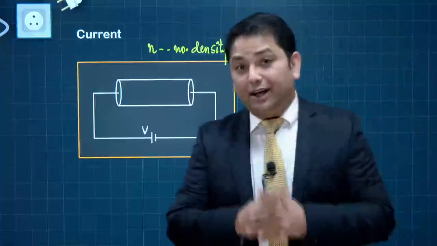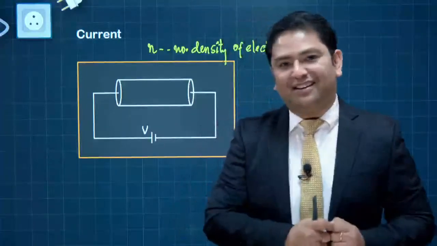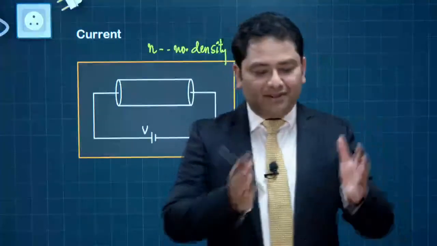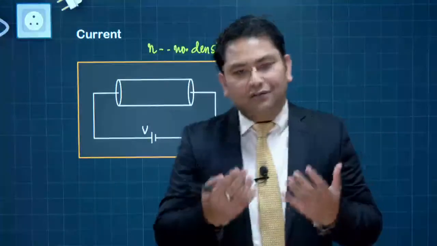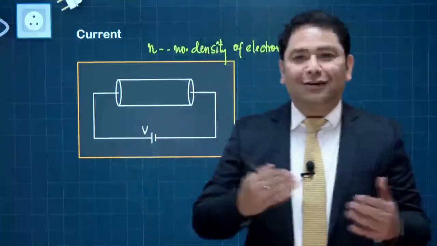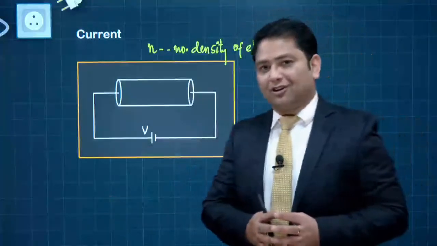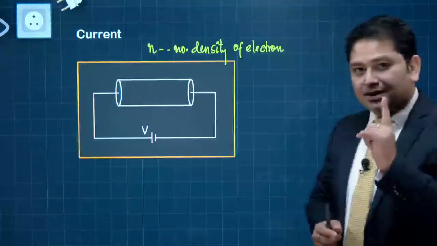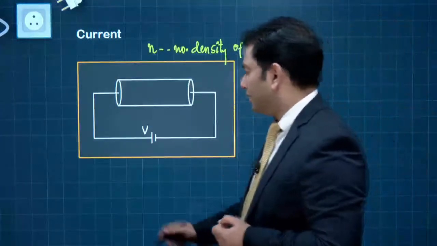So it depends upon the nature of material. Like copper will have certain number of electron density, and of course I'm talking about free electron density. Bounded electron anyway is none of our interest, since they are not contributing to the current, all right? दूसरी बात, ये ध्यान दीजिएगा, because very beautiful questions are formed.